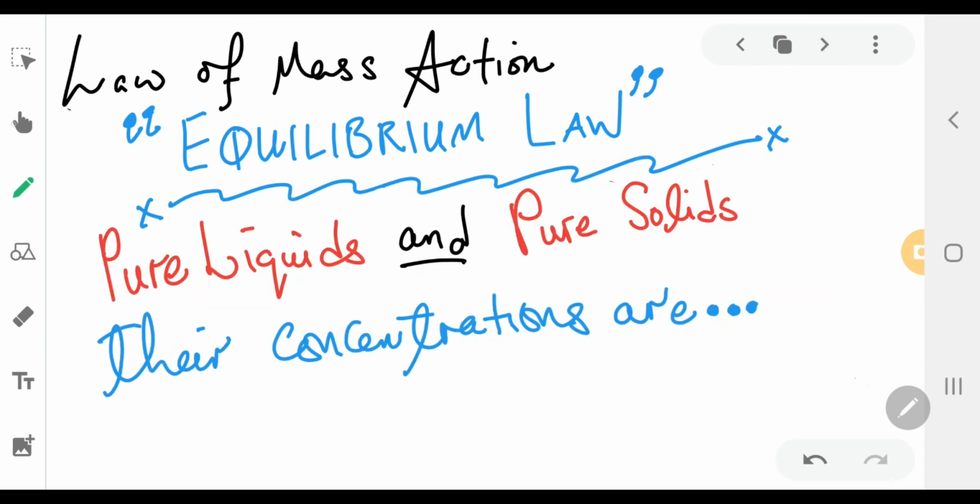Now, a very, very important tip for pure liquids and pure solids. The concentration are not going to be included in your Kc and Kp.